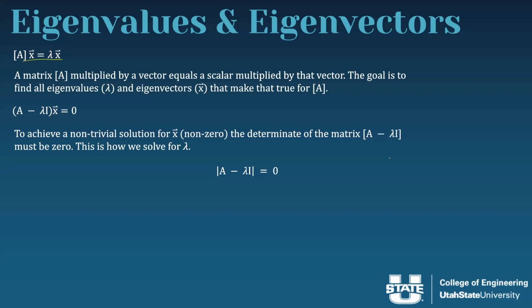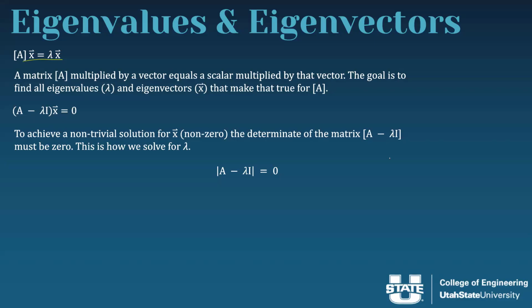So we use this to find our eigenvalues and eigenvectors by subtracting this right-hand side over to the left-hand side. And then because we subtract this lambda value over, we need to turn that into a matrix that has the same dimensions as A, so we just multiply it by the identity. Then we can factor out the x vector.